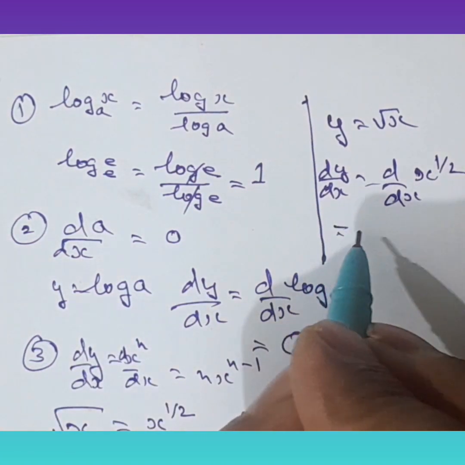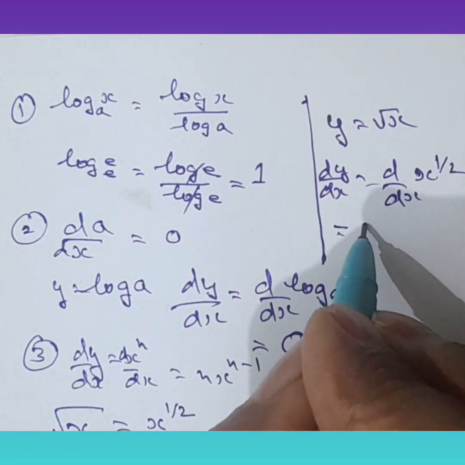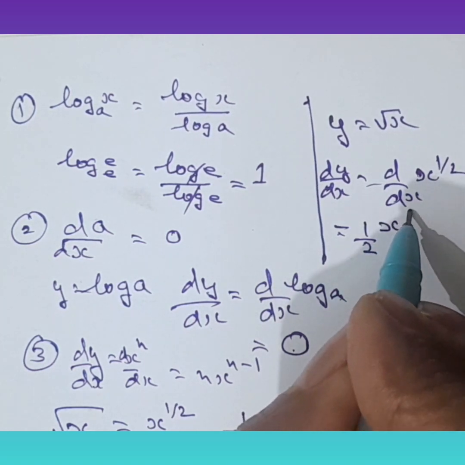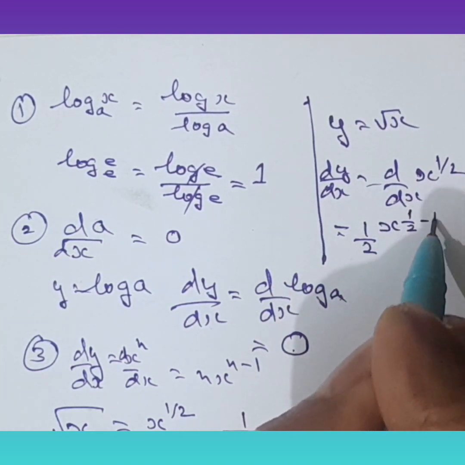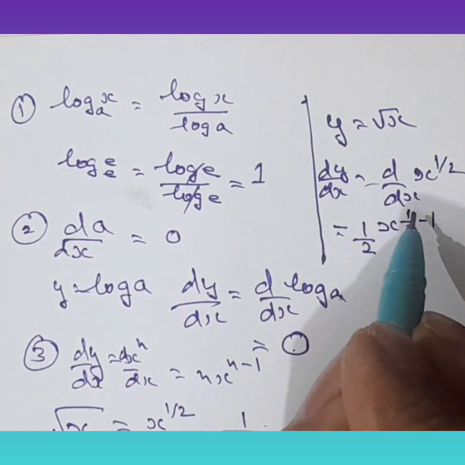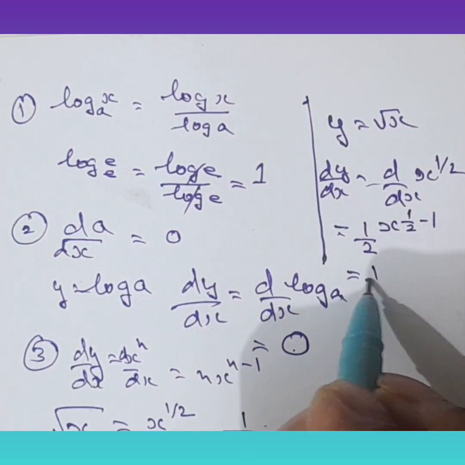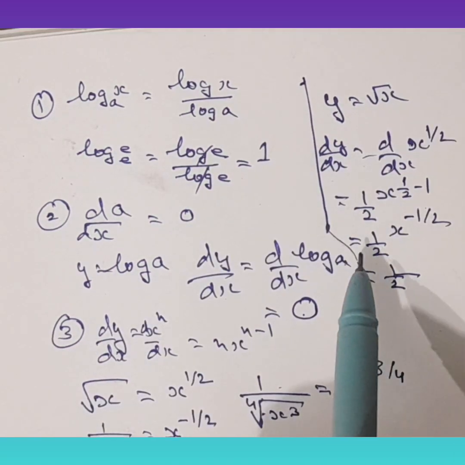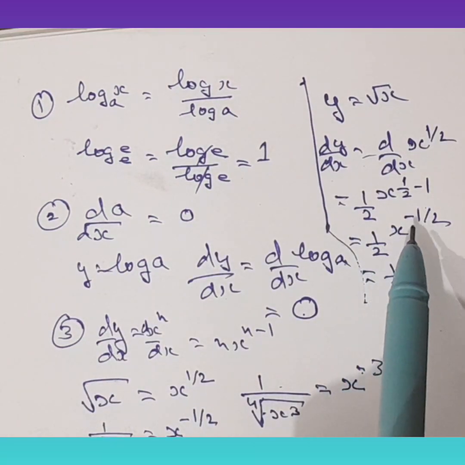As per this formula, n is half, so it would be half into x raised to n minus 1, that is, x raised to half minus 1. So this would come out to be half x raised to minus half.